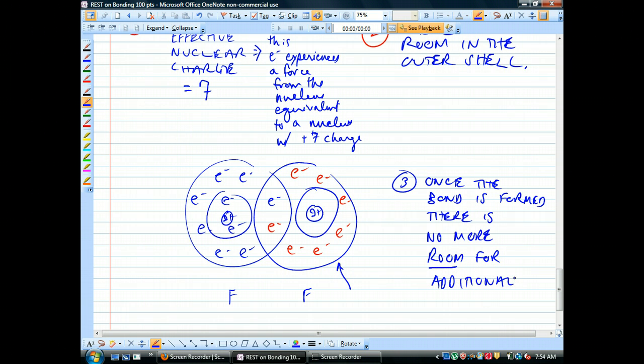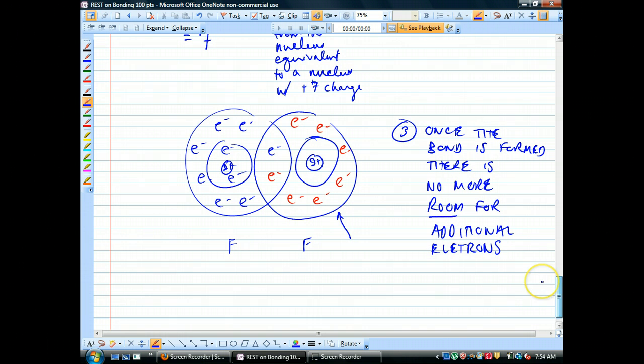So even though these atoms still have a very strong attraction for their outer shell electrons, they're not going to have a tendency to form more bonds because there's no more room in that outer shell.